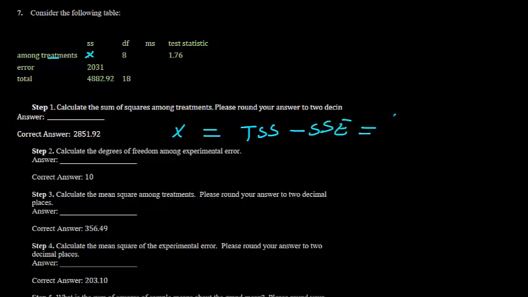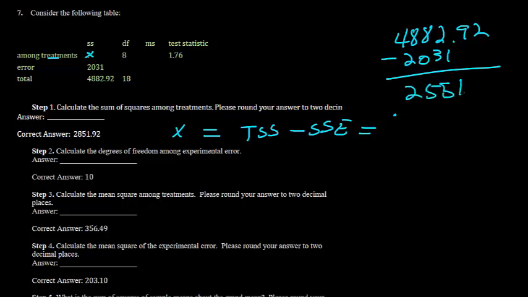That is 4882.92 minus 2031, and that gives us 2851.92. Remembering that x plus 2031 is equal to 4882.92. Let's leave that alone.